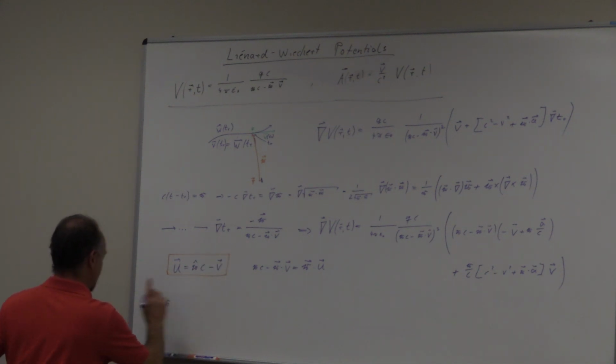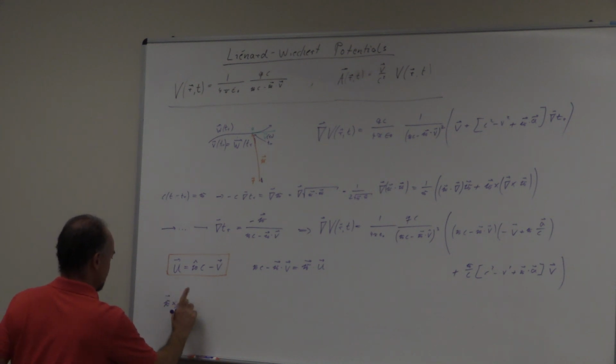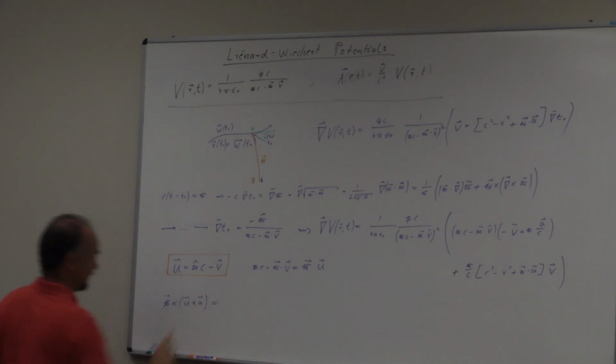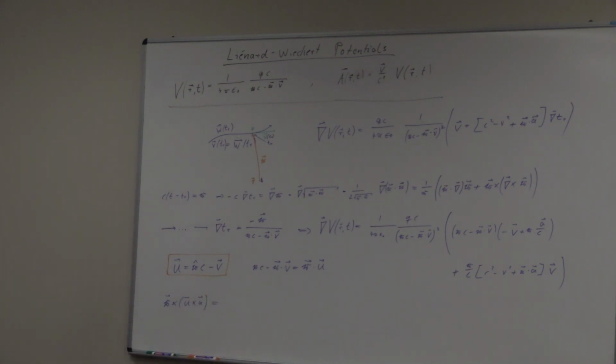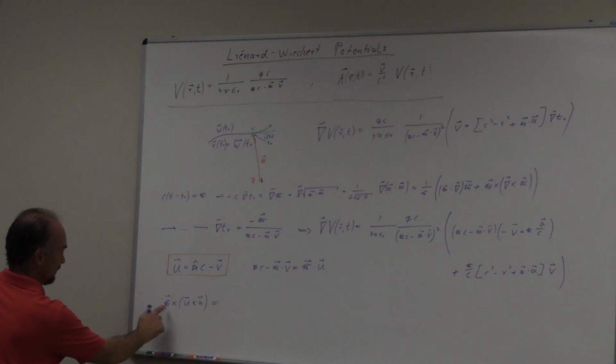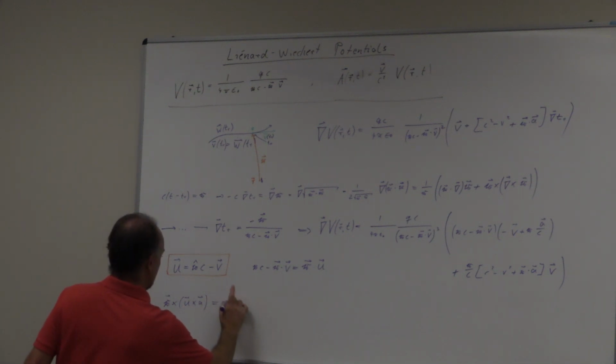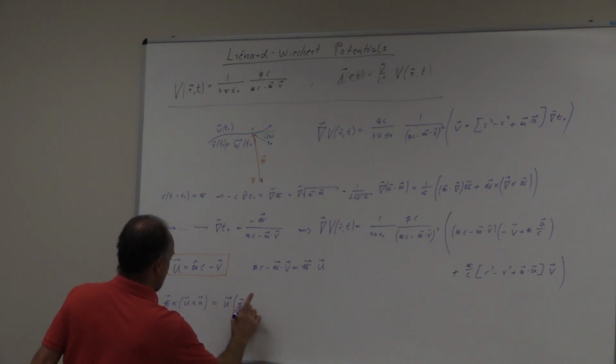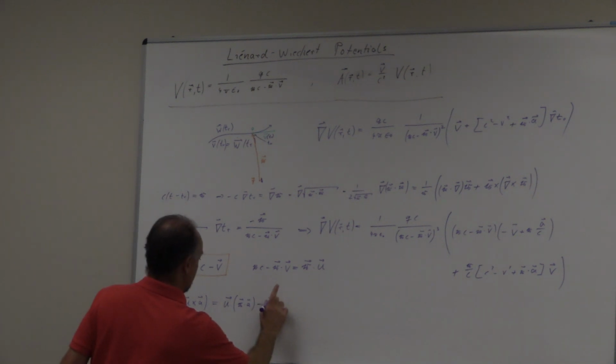A rule that often comes in if you add all of these terms up is that we have R cross U cross A. This, the BAC-CAB rule, right? B(A·C) minus C(A·B). Right, so that's U(R dot A) minus A(R dot U).